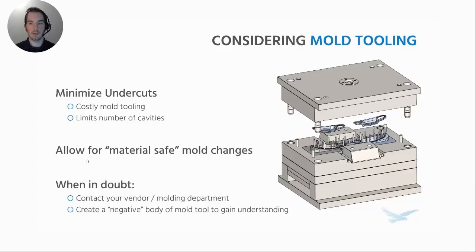Wherever they're going to need to remove material from the mold, that's good, because it's not really possible to put material back in. You end up in a very expensive situation if the change is not material safe and you're asking for material to get added back onto the mold somehow. A lot of times that might mean having a whole new insert machined for the mold. So try to picture that negative state of the mold also.